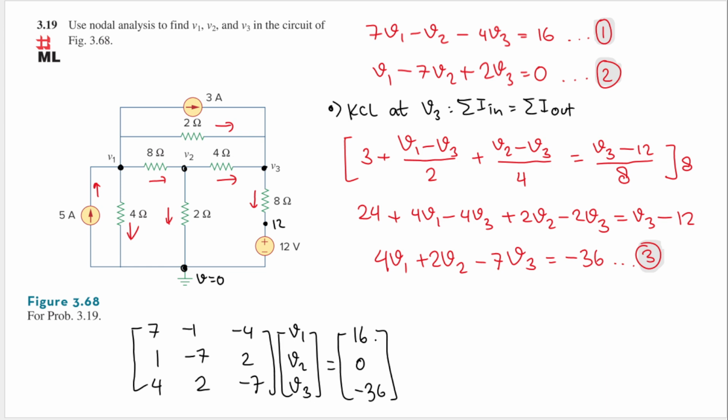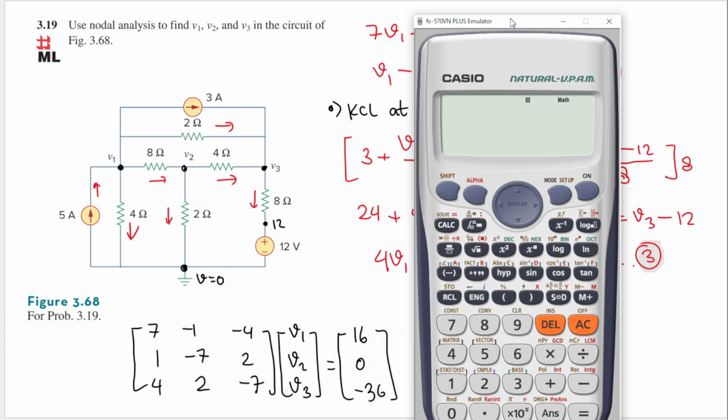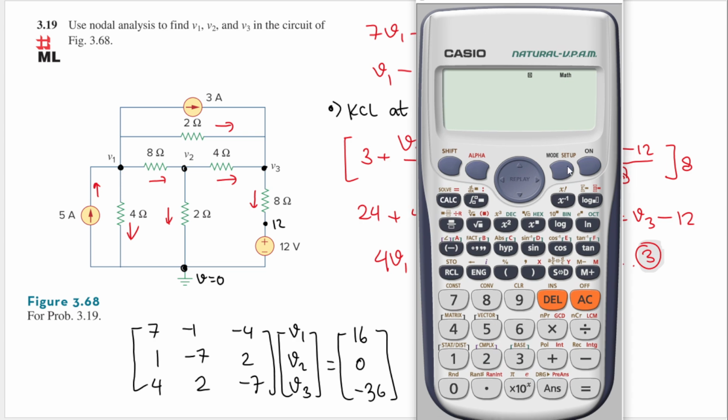Good. I think the easiest way to solve this equation is using a calculator. Okay, where is my calculator? That is it, this one. Let's set up our equation solver, which is number 5. 3 variables is number 2. And now let's plug in this. We have 7, minus 1, minus 4, and then 16.